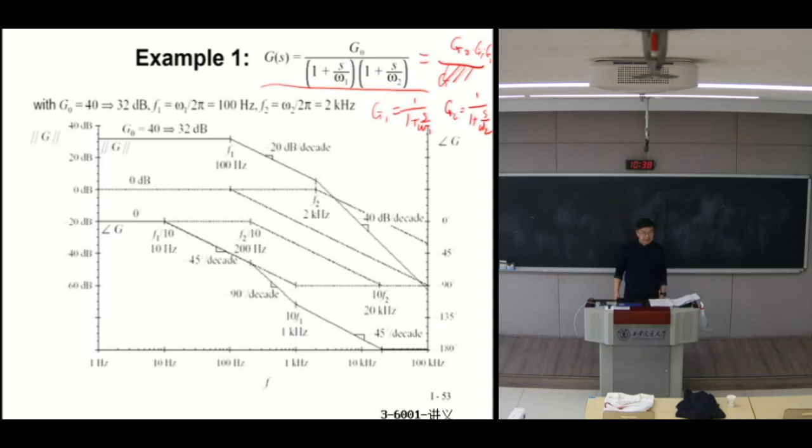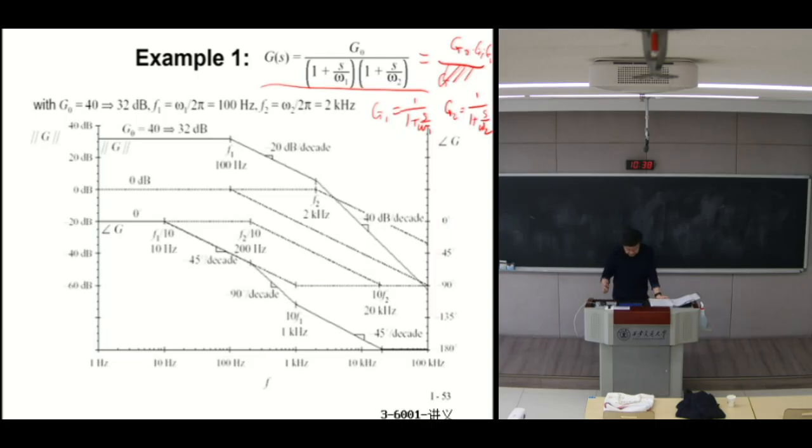So the overall transfer function is a product of three transfer functions: one constant, G0, one single pole G1 located at omega 1, and another single pole G2 located at omega 2.